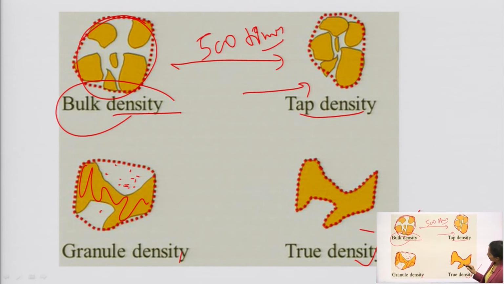True density, only and only density of the actual particle. So this is the difference between bulk, tapped, granular or true density.